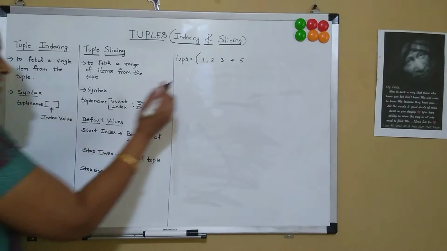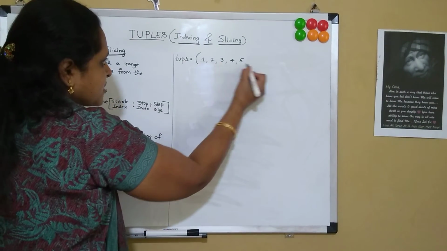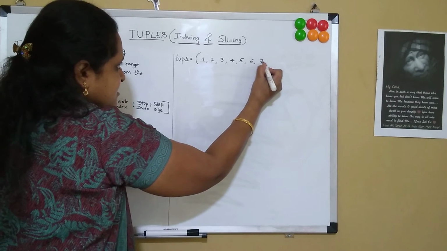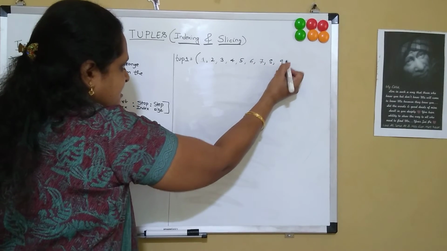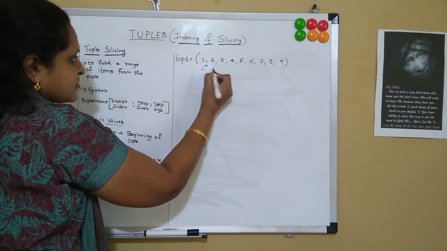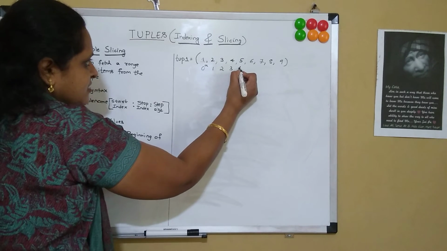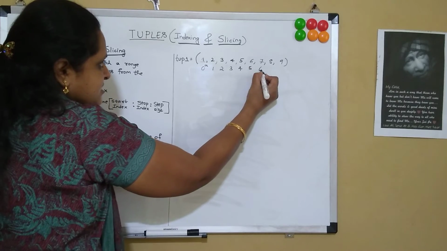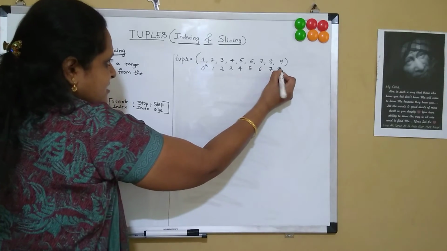So for tuple slicing, let me take some more items: 1, 2, 3, 4, 5, 6, 7, 8, 9. So 1 is at 0th index, 1st, 2nd, 3rd, 4th, 5th, 6th, 7th and then 8.